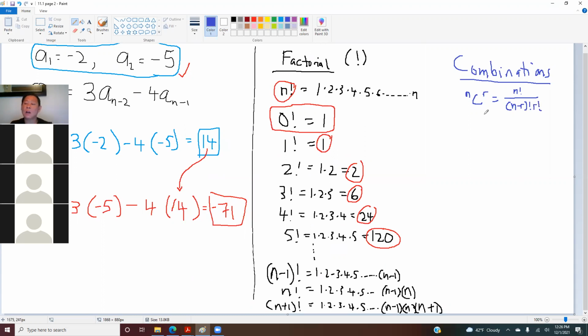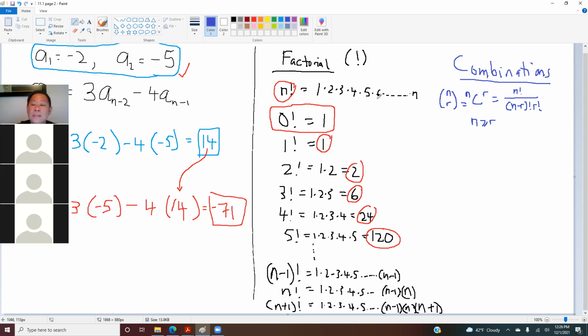So this is combinations. Sometimes it can be written as nCr in another notation. Make sure you guys know this. In combinations, your n is always greater than or equal to r.